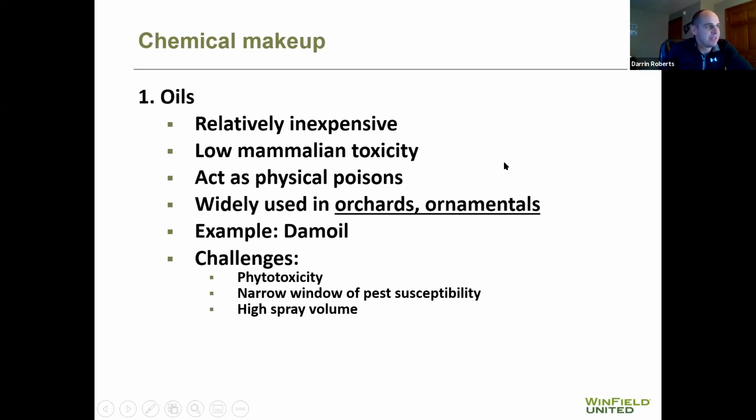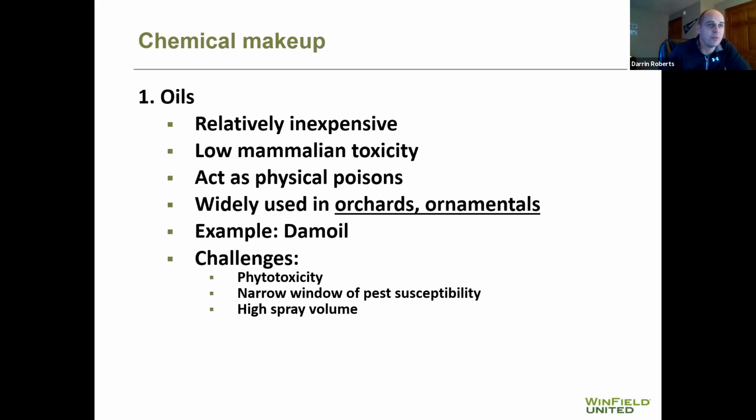Okay, last thing that we'll talk about as far as ways to classify them is chemical makeup, and there's actually three categories under this. The first one is oils. This is pretty common in orchards or ornamentals, so in trees.